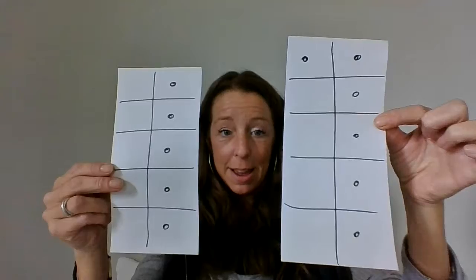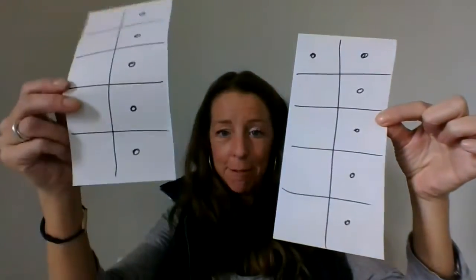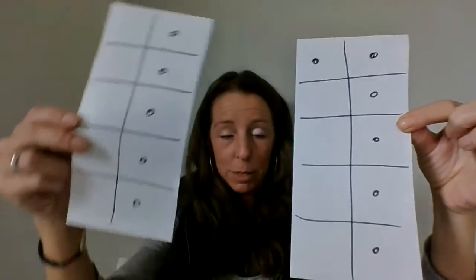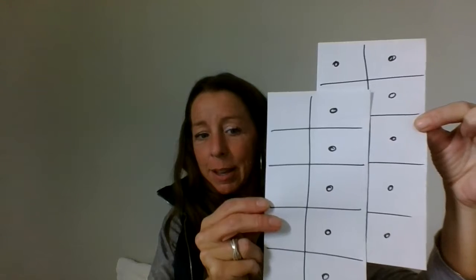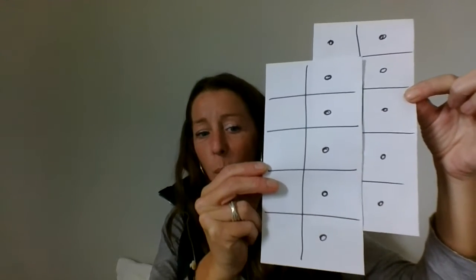Well, if I know I have 5, and then here's 5, 5 and 10, plus 1 is 11, or if I filled the empty boxes, that would make 10, and I would have 1 left over. 10 plus 1 is 11.